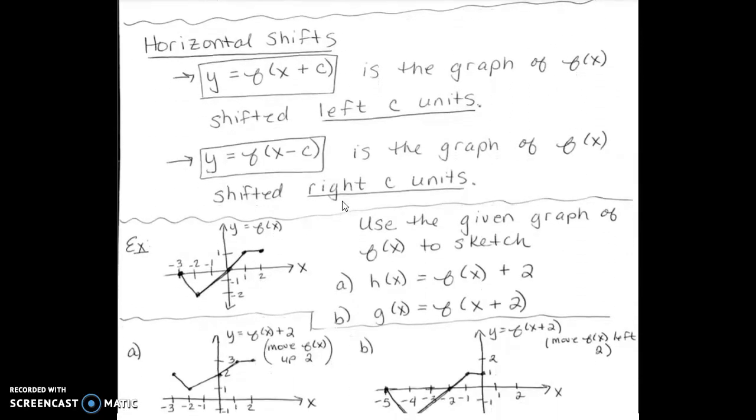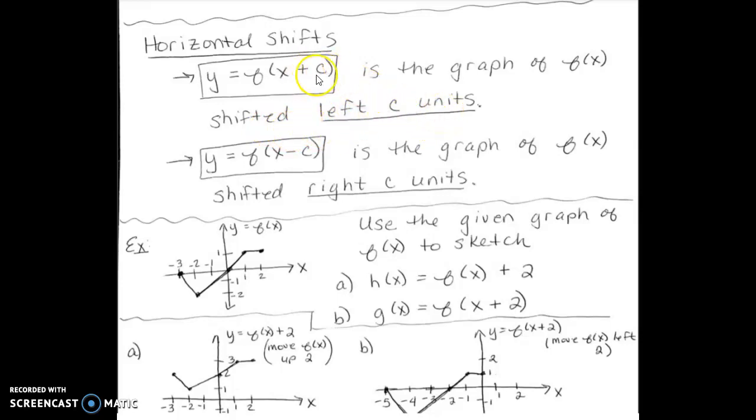Horizontal shifts are identified by adding or subtracting a number inside the function. So y equals f of x plus c, so this time we're adding on the inside, will be the graph of f of x, the shape for the function f of x, shifted left c units.